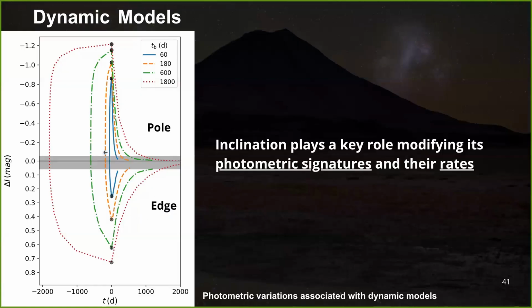the inclination has a crucial effect on the photometric signature of a disk emerging.